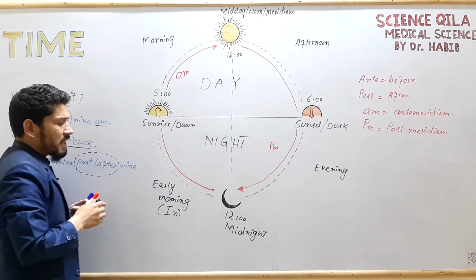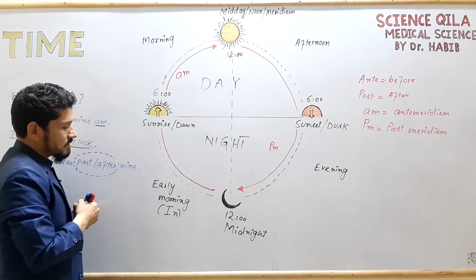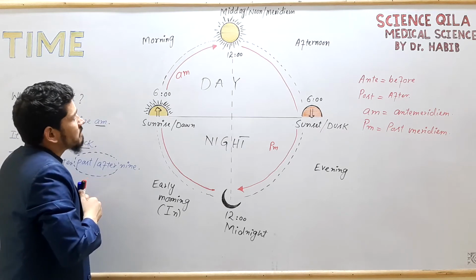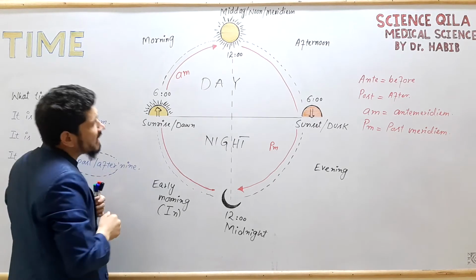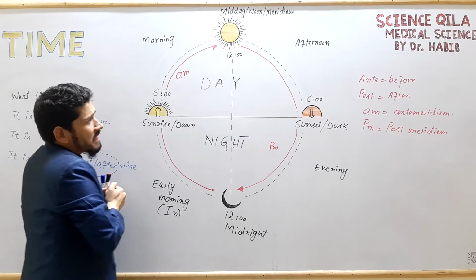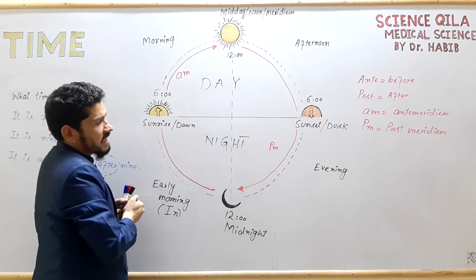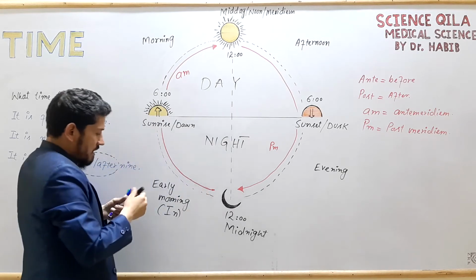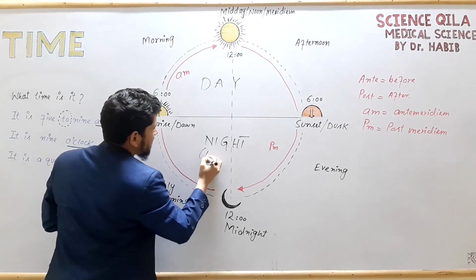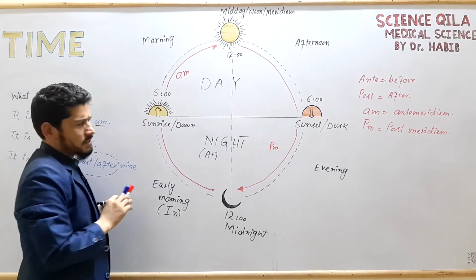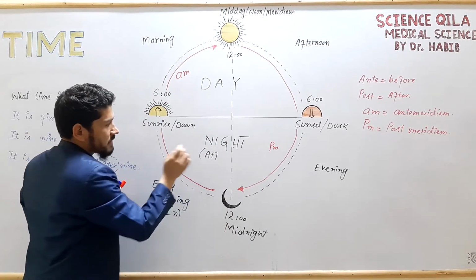Let's suppose I go for the exercise early in the morning. I take breakfast in the morning. I go to the tuition in the afternoon, and I come home in the evening. But especially with night, we use the preposition at. So what do you do at night? With night we use at.